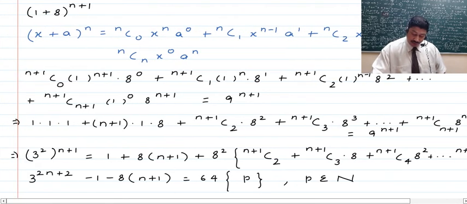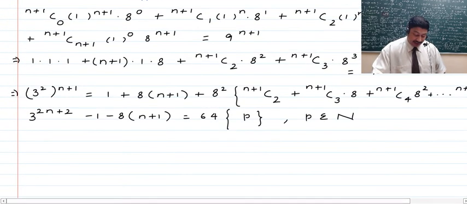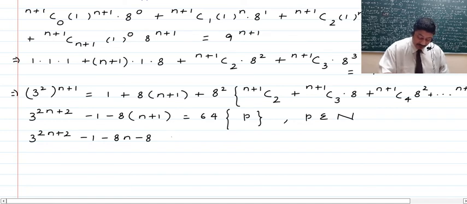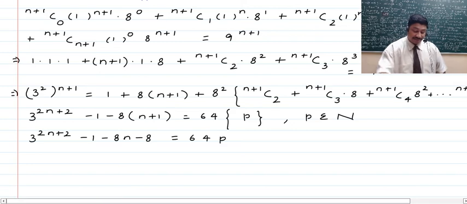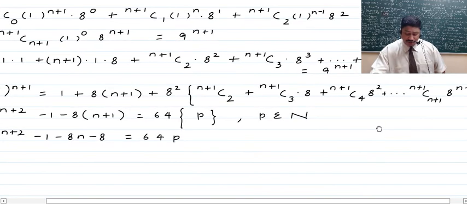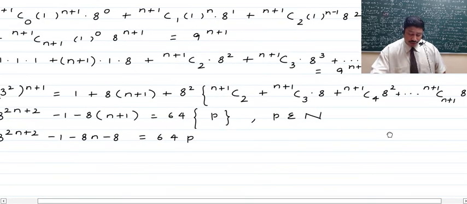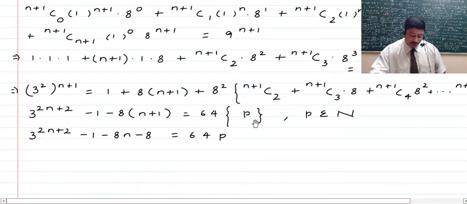Now next children, we go to the next step and further simplify the left hand side, writing this as 3 raised to the power 2n plus 2, and then we will have minus 1 minus 8n minus 8, which will become equal to some 64p, as all of these numbers, that is the binomial coefficients multiplied with some powers of 8, will all come to be some natural numbers, and the sum of some natural numbers is also going to be a natural number, which has been assumed to be p.